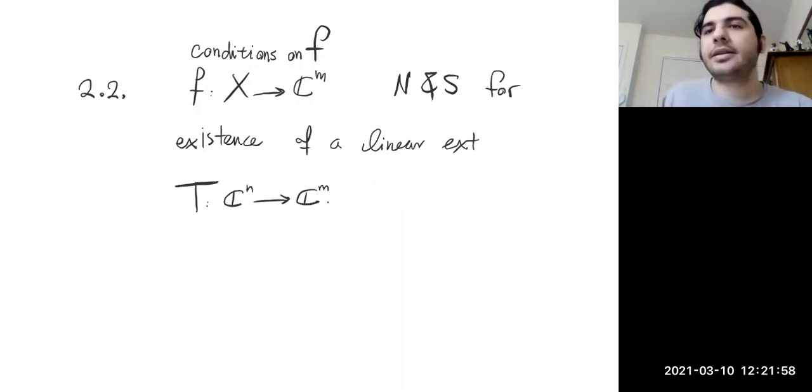What is the answer here? What is the necessary and sufficient condition on F so we can extend it to a linear map? Now here we don't know if the elements in X are necessarily linearly independent anymore. So suppose there might be some relations between the elements in X. So what would be the condition on F to do that?